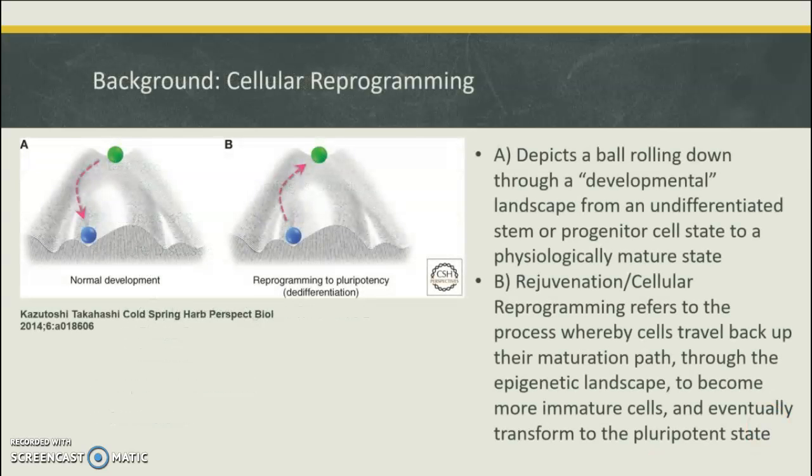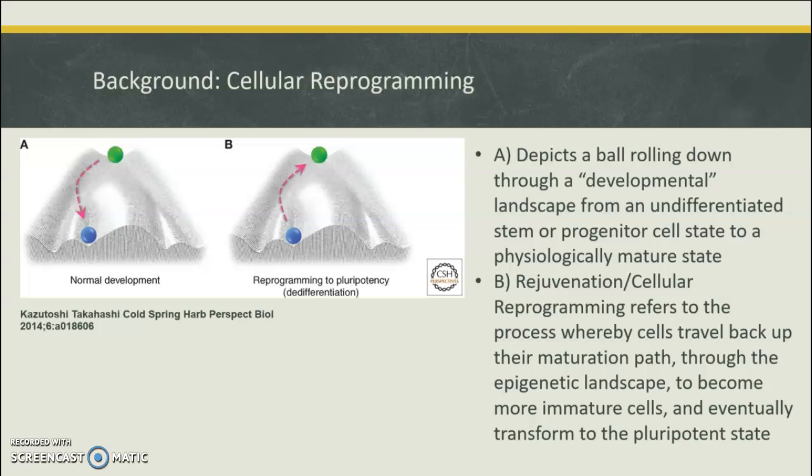To start off with, I want to discuss the background of cellular reprogramming. We discussed this method in various modules so far in class, but I wanted to give you a brief rundown on what it is and to give you a refresher. If you look over to the figure on the left-hand side, it shows a depiction of normal development versus cellular reprogramming.